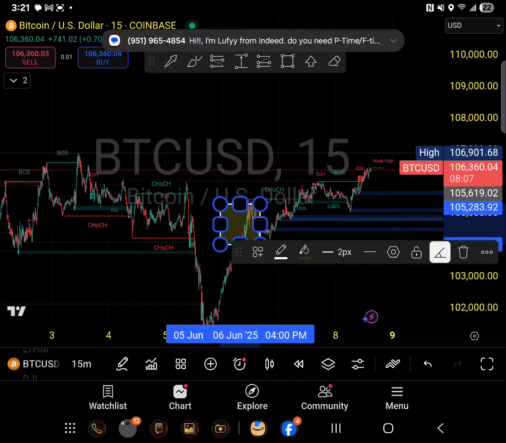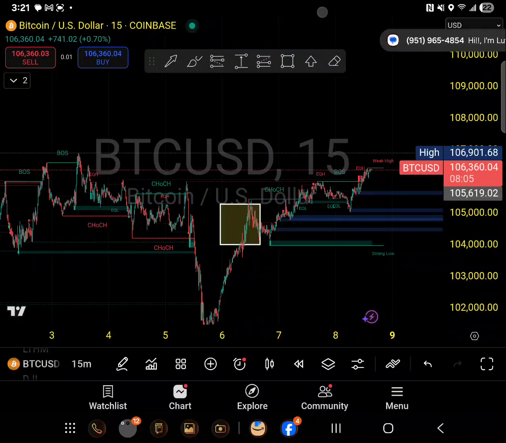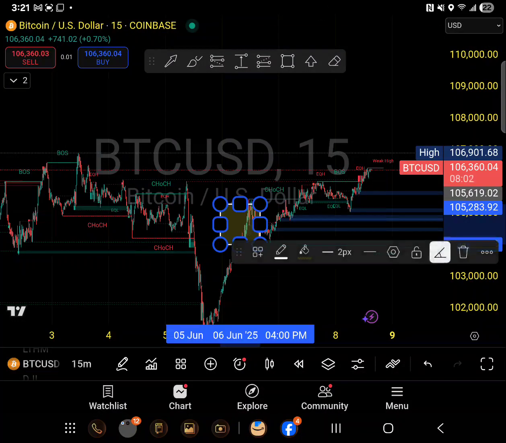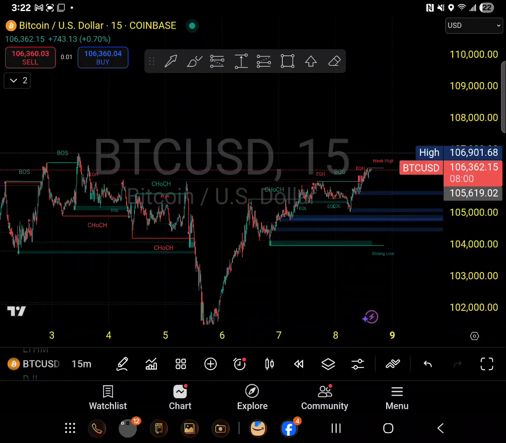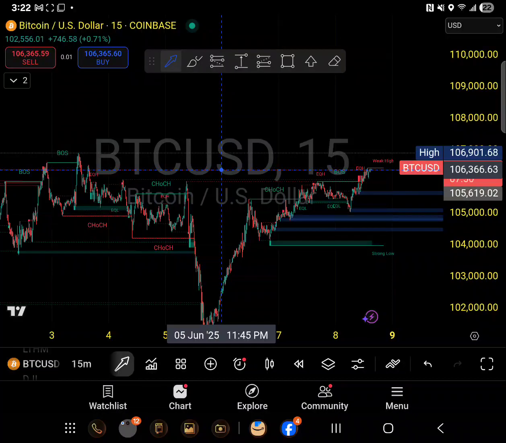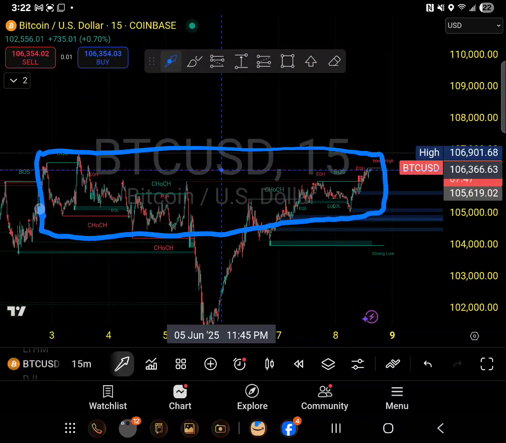Let me draw this rectangle. If you look at this particular range, this is a range right now where BTC is trading at this point.